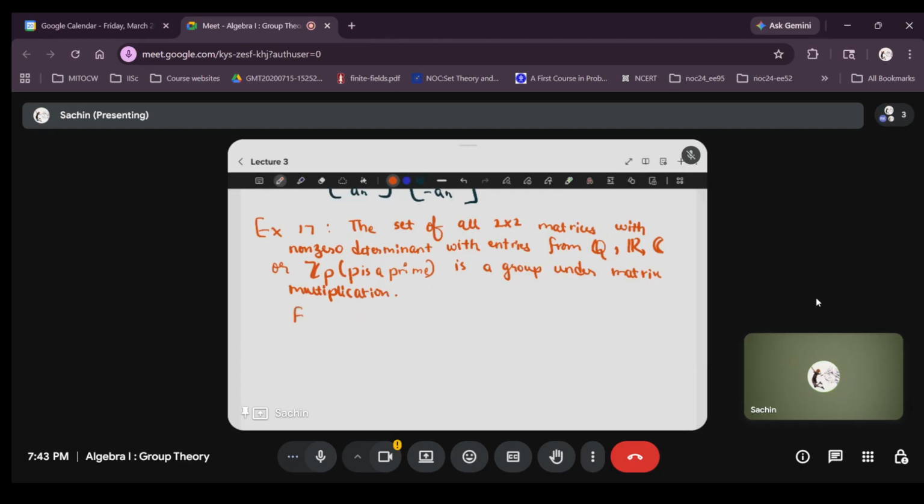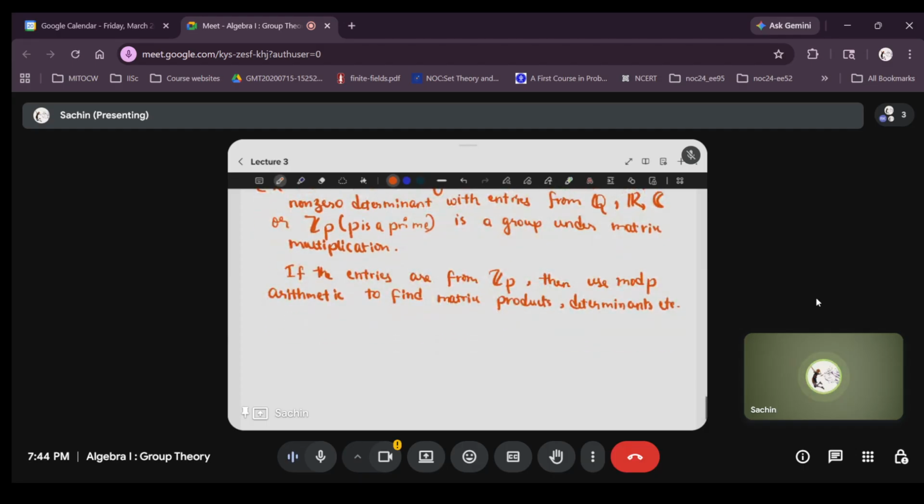If the entries are from Zp, then use mod p arithmetic to find matrix products, determinants, etc. That's the change.